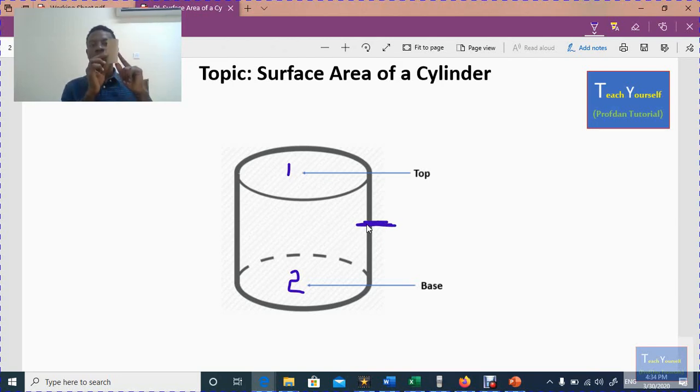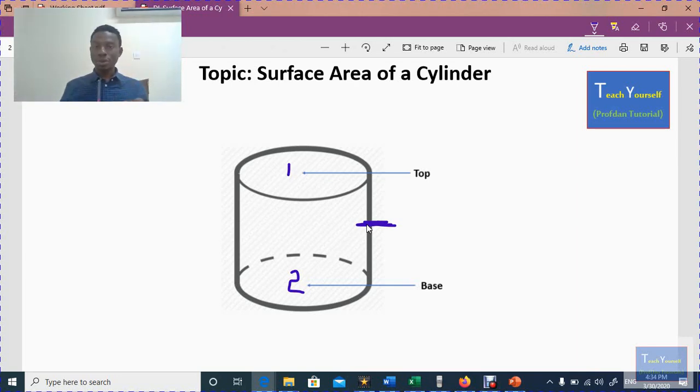Look at this tissue roll. It has a top and a bottom or the base and one curved surface. Okay, this is a cylinder. So a cylinder is made up of one circle, another circle, and a curved surface.